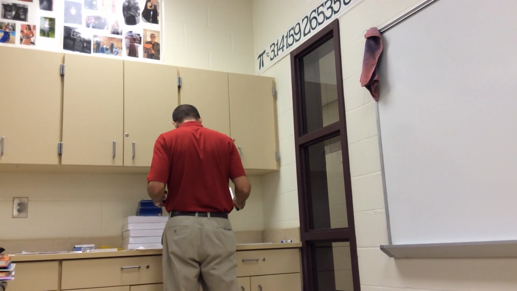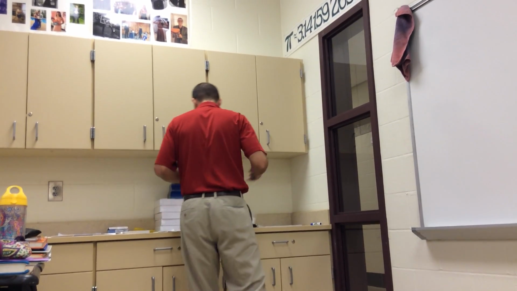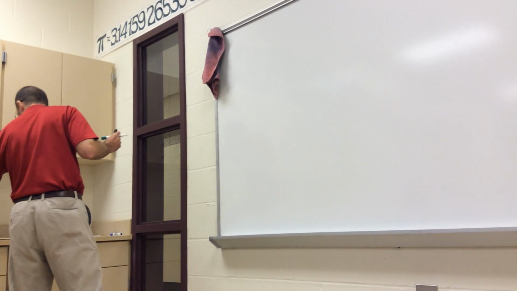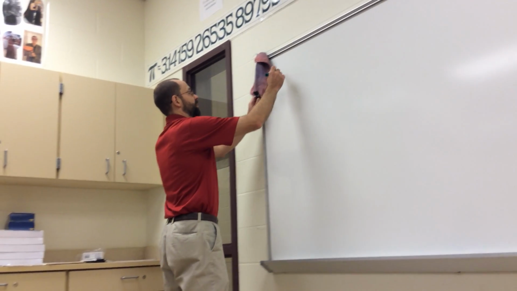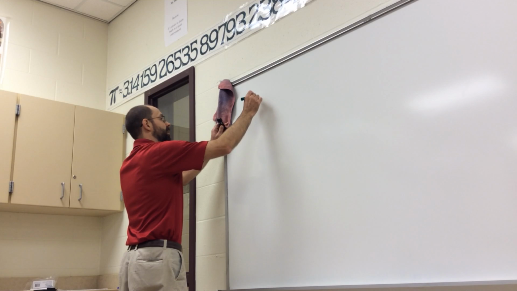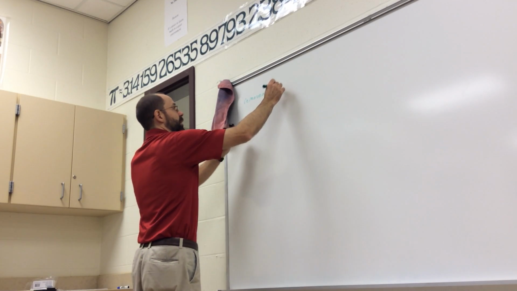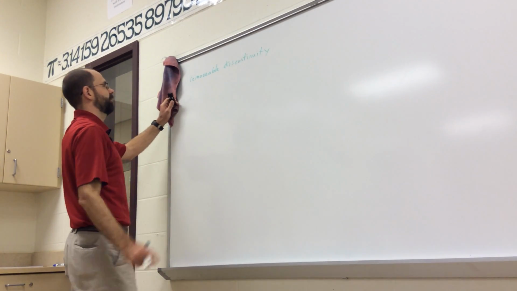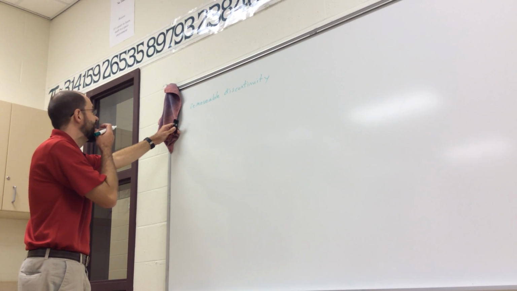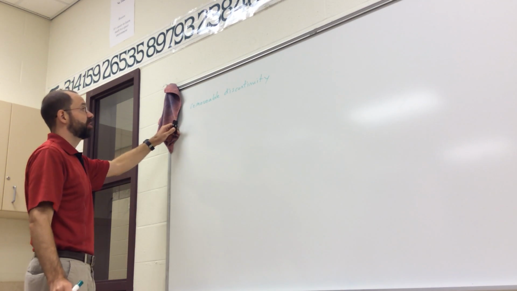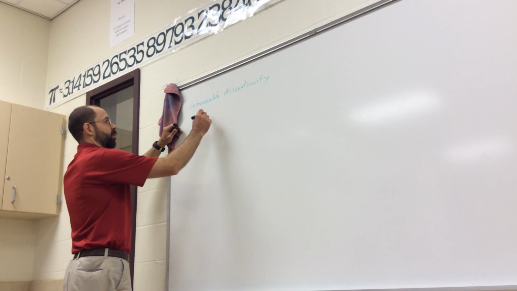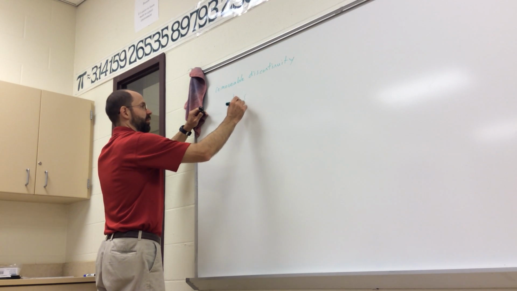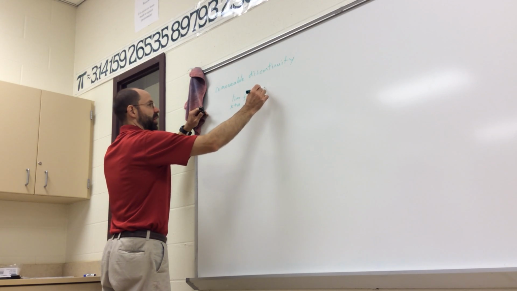Okay, let's see. What else do we got? So we had an infinite discontinuity and a jump discontinuity. And there's a third type of discontinuity called a removable discontinuity. A removable discontinuity happens when the limit as x approaches a of f of x is a number.